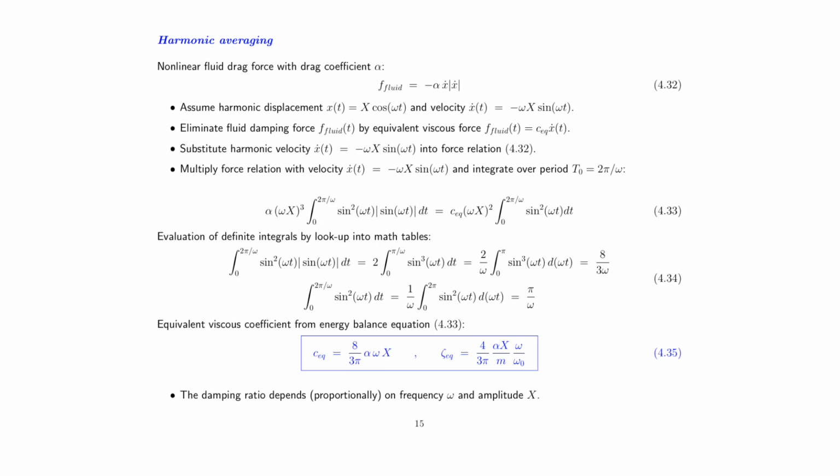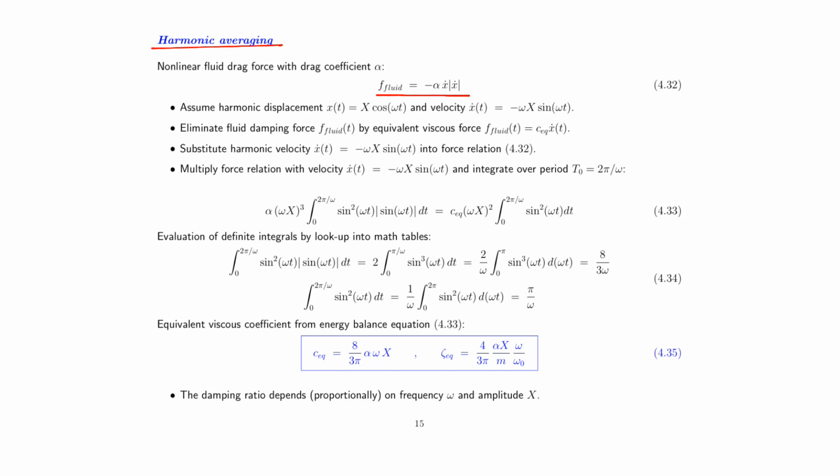But let's try a slightly different approach that is related to the loss factor, and it's based on so-called harmonic averaging. So we have a fluid force model that is equal to minus alpha x dot times the absolute value of velocity x dot.